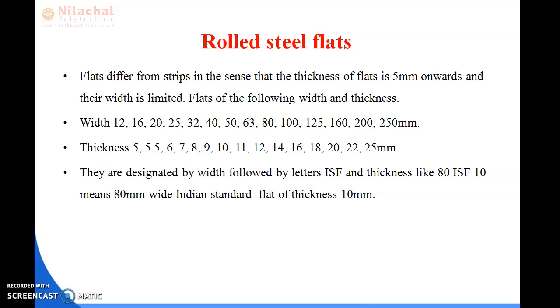Then next is the rolled steel flat section. The flats differ from the strips. These are not the same. Strips are one thing and flats are another, and the applications of these two sections are also different. In the flat section, the thickness of the flat is 5 mm onwards and the width is limited.